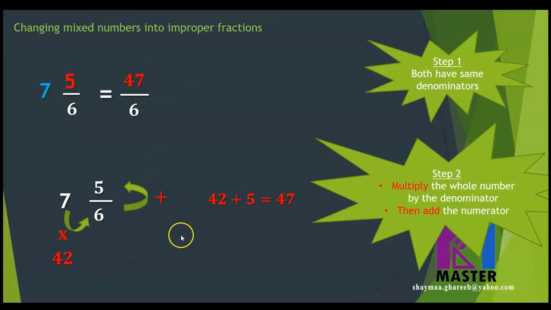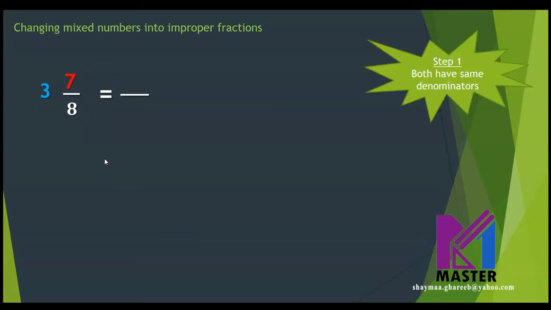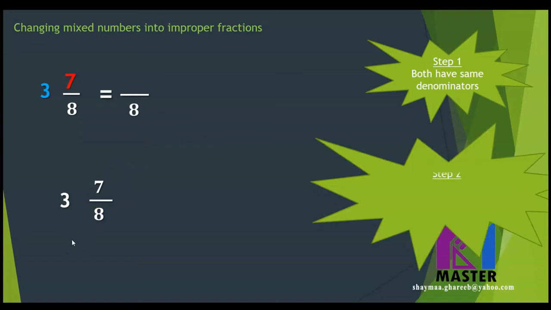Is this clear? Now, let's see one more example. 3 and 7 over 8. What did we say? First, I will write the denominator because both have the same denominator, which is the number of parts in the one whole. Then I will multiply the whole number by the denominator. 3 times 8 equals 24.